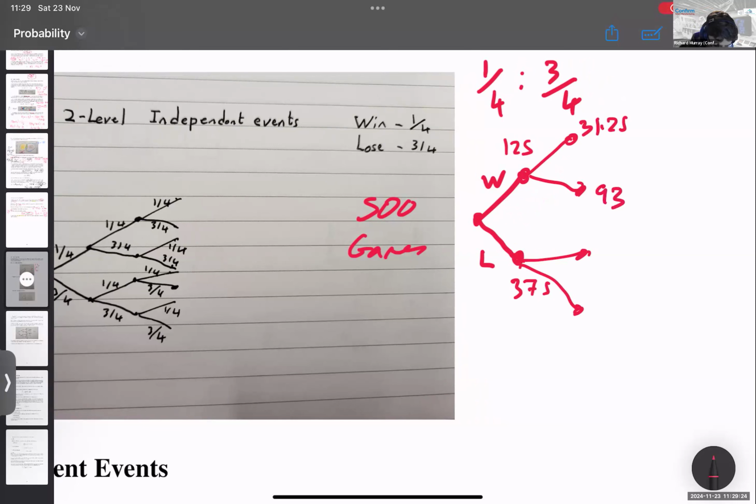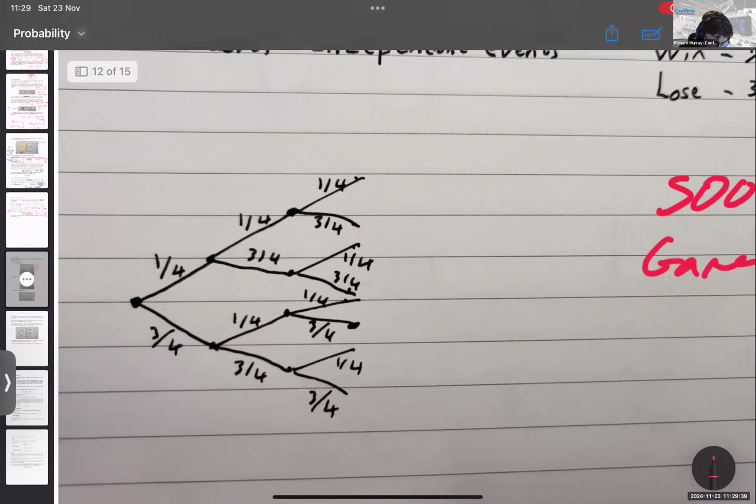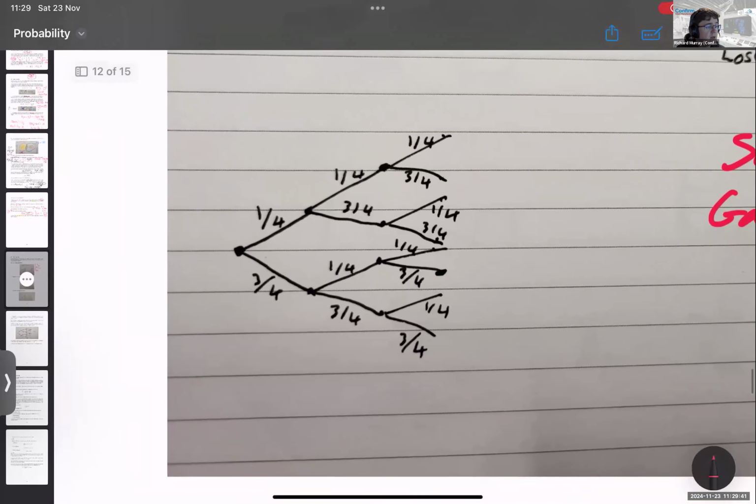This gives us 93.75. And you can see that you can continue on with this diagram as long as you want. You don't just have to use it for the exact number of people that are propagating through. You can also look at it as the outcomes that people have at different branches.